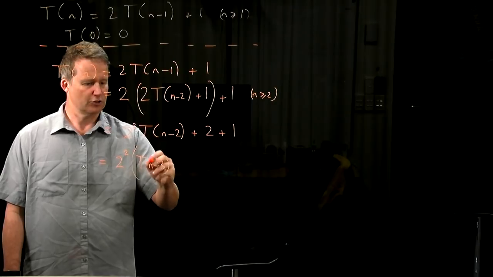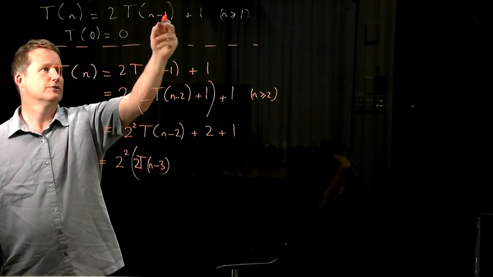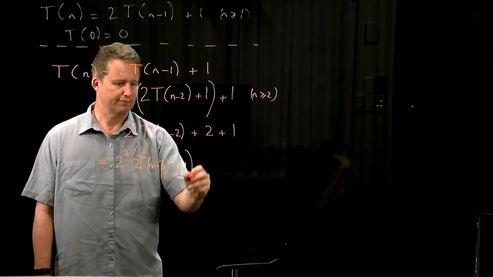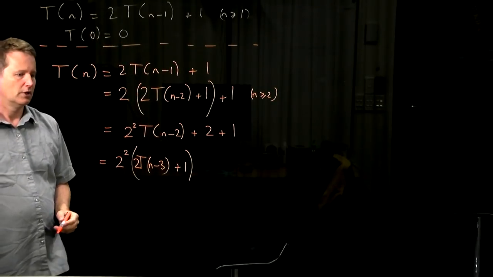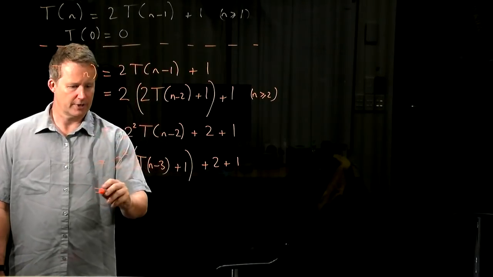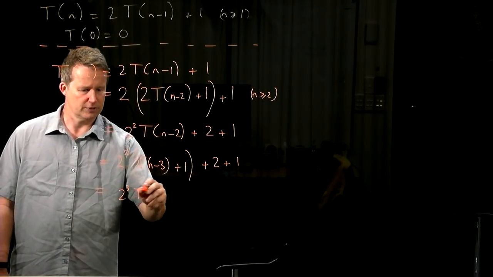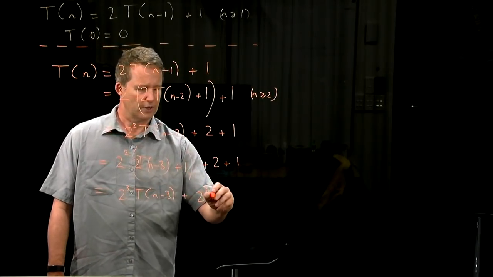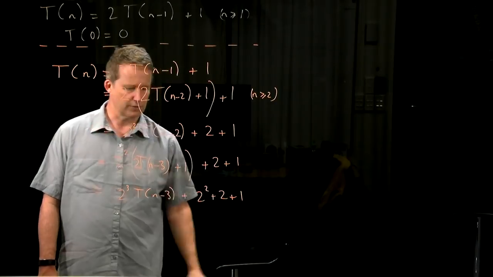T of n minus 2 is 2 times t at 1 less, which is n minus 3, plus 1. And then I've still got to add the 2 plus 1. But when I expand that out, I get 2 cubed t of n minus 3 plus 2 squared plus 2 plus 1.